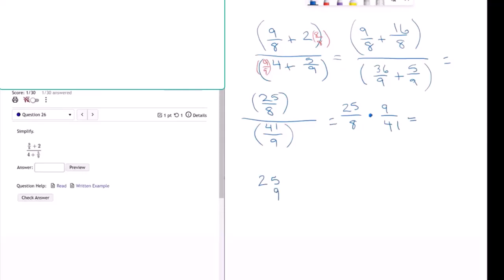Always simplify before you multiply, but 41 is a prime number, and 8 is all 2's, and 25 and 9 have no 2's, which means when I'm done, this is going to be as simple as it gets. 45, 2 times 9 is 18 plus 4 is 22. I have 225 divided by 41 times 8 is 328.